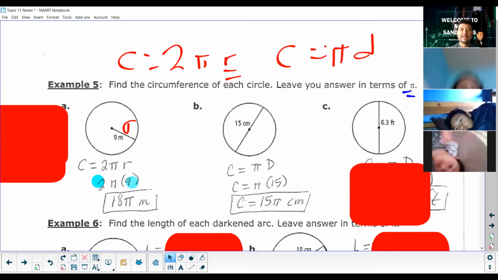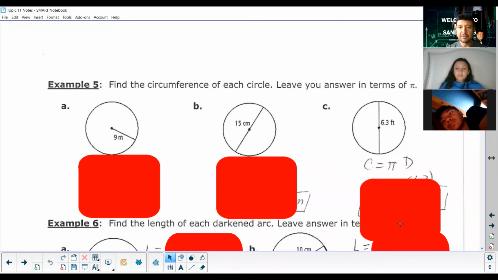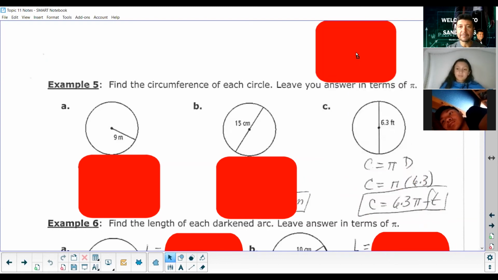All right, now let's do the next one. We're just going to use the equation pi times diameter. And then from there, we get this circumference, which is 6.3 times pi. So we'll get this as a result of 6.3 pi.